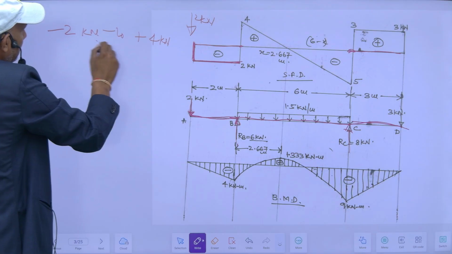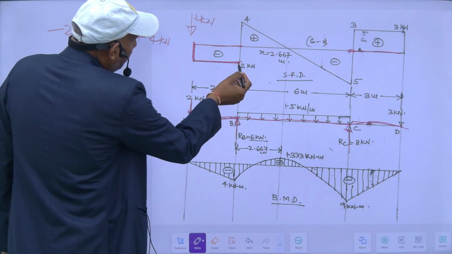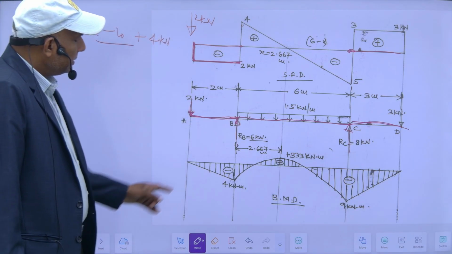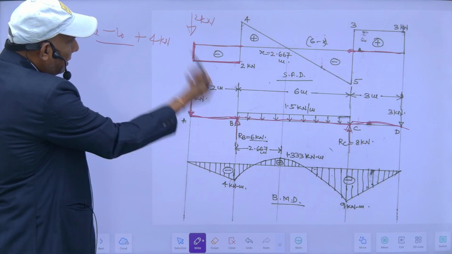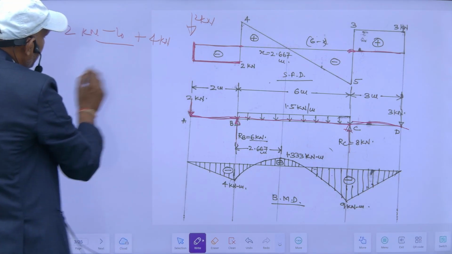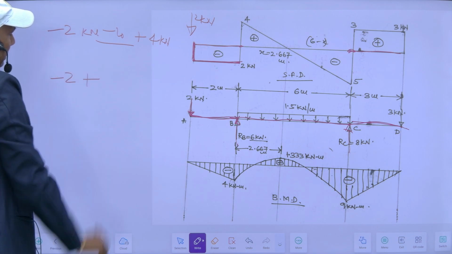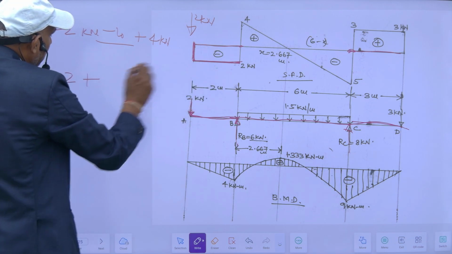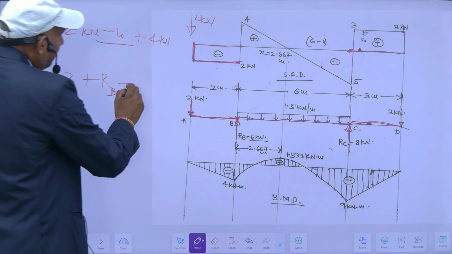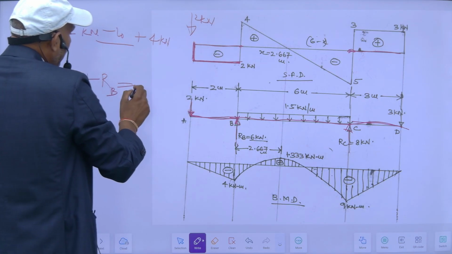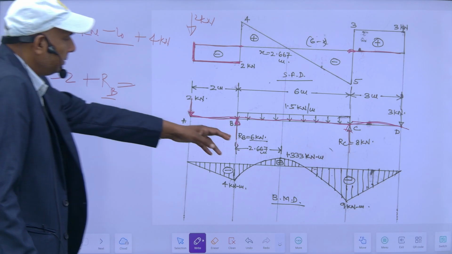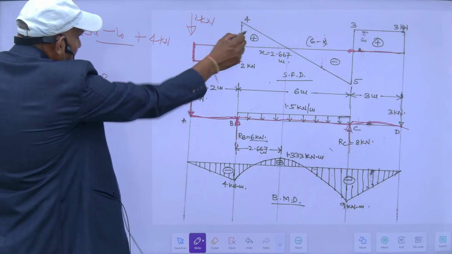Since it is a support, there is a vertical upward load of some amount. If this is minus 2, and I add the reaction at B, then it will become plus 4.